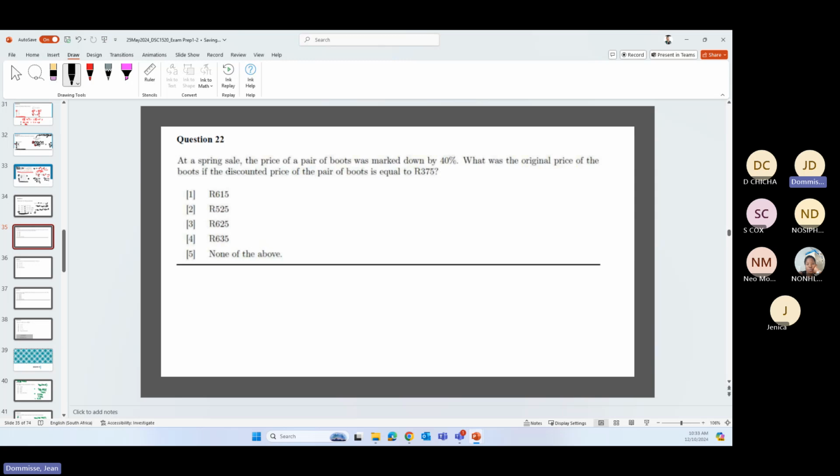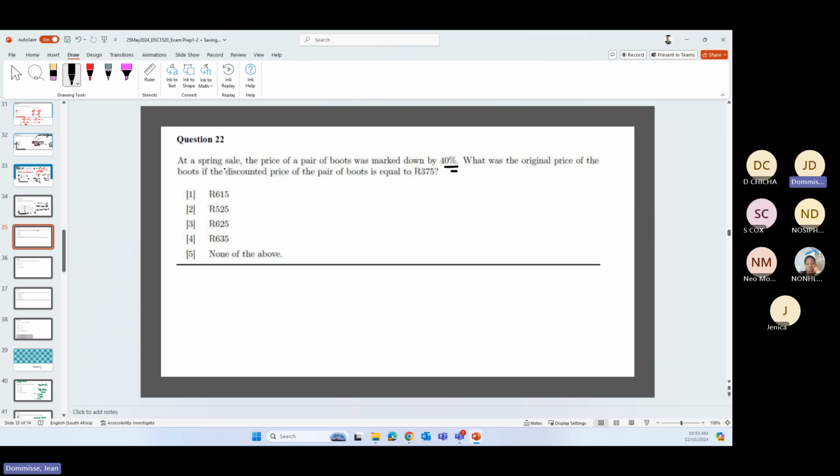At a spring sale, the price of a pair of boots are marked down by 40%. And they have actually used this in a lot of decision-making questions in QMI, BNU, DSC. Now that I see it, they've actually done it in a few of the studies. They've put this in a question in the exam.